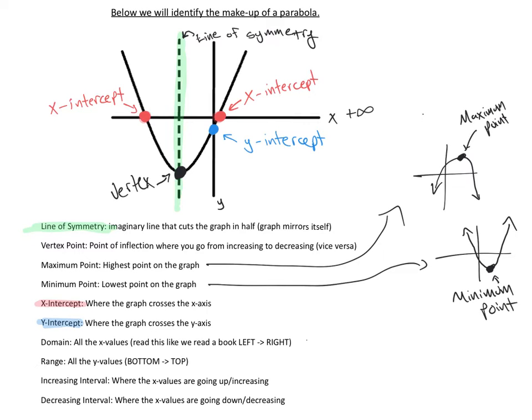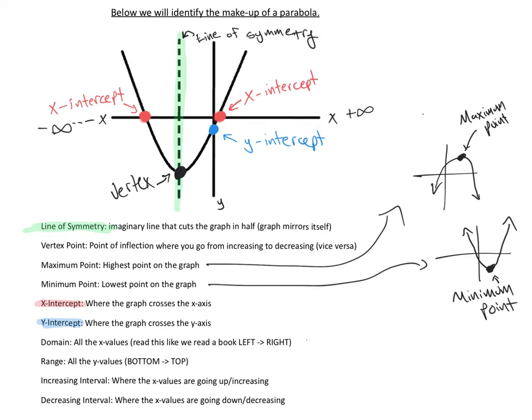Moving the opposite direction from the origin, that would be your negative x values. If you continued all the way to the left here, you would continue into negative infinity.